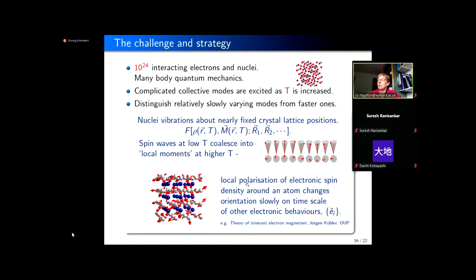Okay, so again, we know what the challenge is if we're trying to carry this out. We've got to deal with all the many interacting electrons and nuclei, and many-body quantum mechanics. That I've already talked about: we start off with density functional theory, relativistic density functional theory.